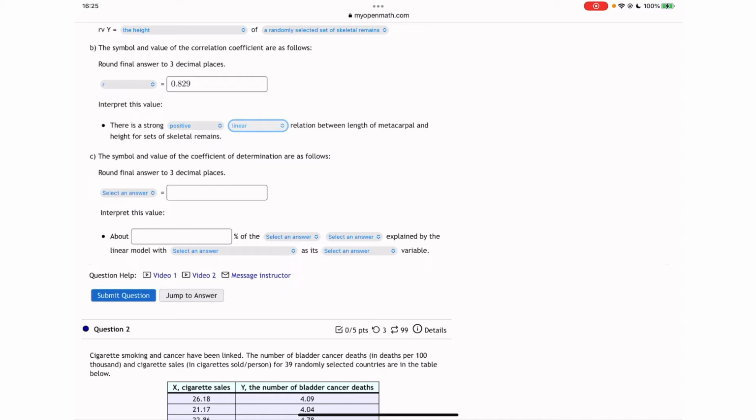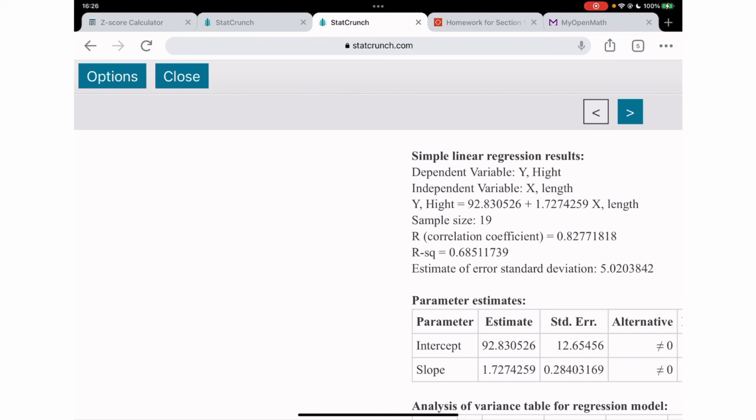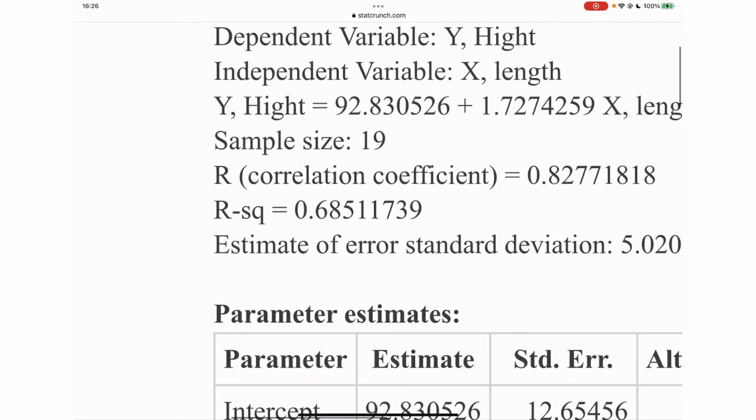Okay, next question. The symbol and value of the coefficient of determination are as follows. Our coefficient of determination is r squared. I'll show you where to pick it up, but I'm going to take the value from my desktop, because the desktop is showing a more precise answer. Right below the correlation coefficient, r squared.